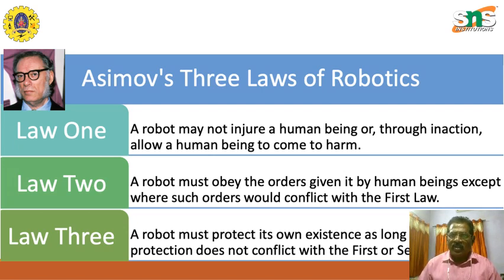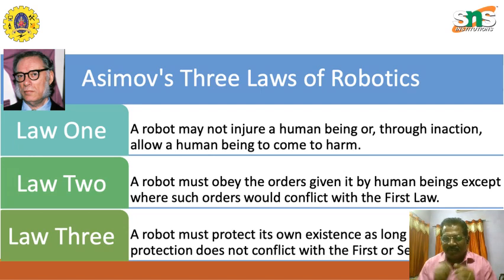A robot may not injure a human being or, through inaction, allow a human being to come to harm. That means a human is always protected, and a robot must at no cost harm a human being. A robot must obey the orders given to it by human beings, except where such orders would conflict with the first law. If the robot is programmed to go and hit somebody, then it should not follow that.